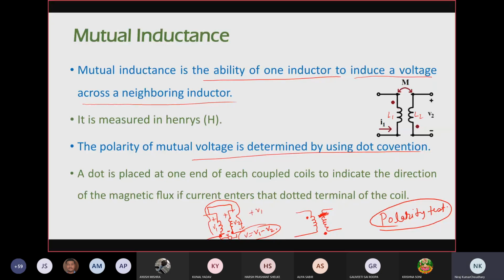Then at this point you are going from positive to negative terminal, so this will be minus V2. So this will be the voltage measured by this voltmeter, V1 minus V2.